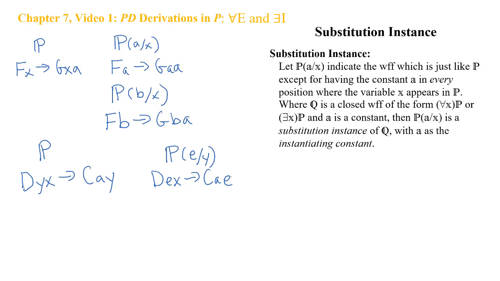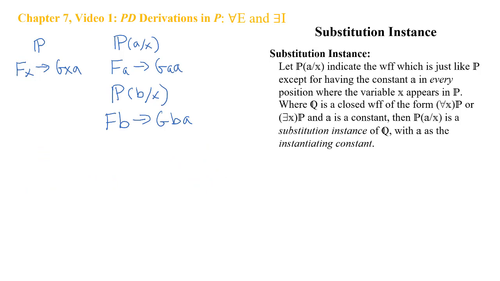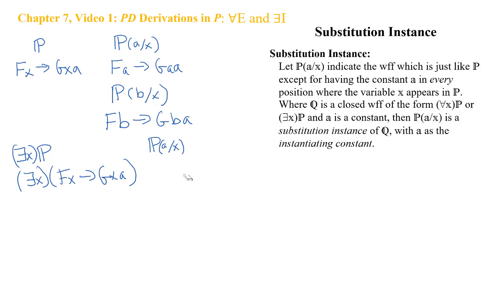Next, we have the notion of a substitution instance. Suppose we took that first example above and put an existential X quantifier on it. So the formula itself would look like this. If we remove the existential quantifier and, say, put in the constant A everywhere that X appears, we now have a substitution instance of that original existentially quantified formula.